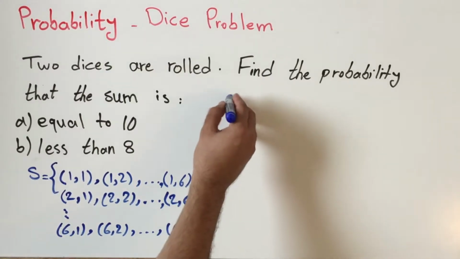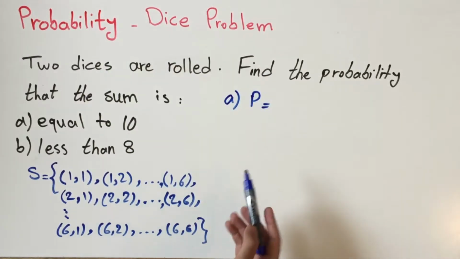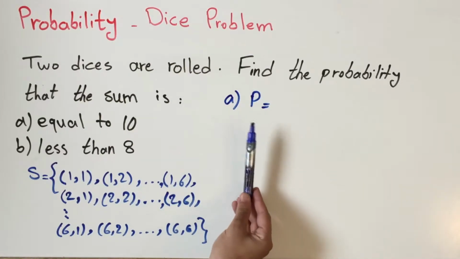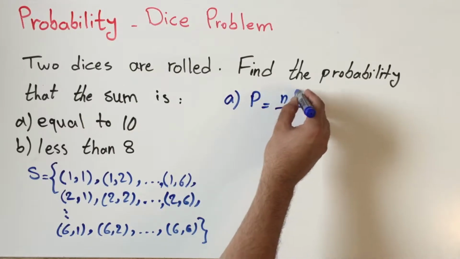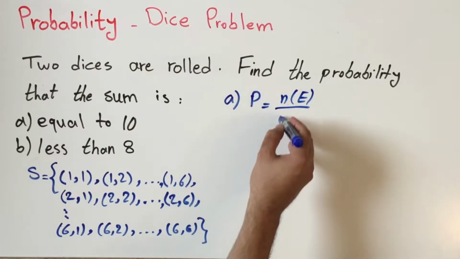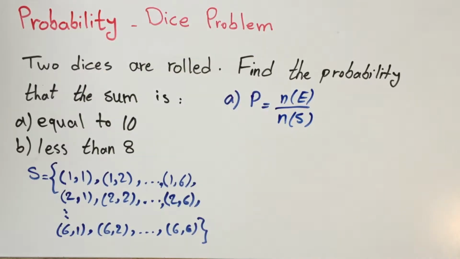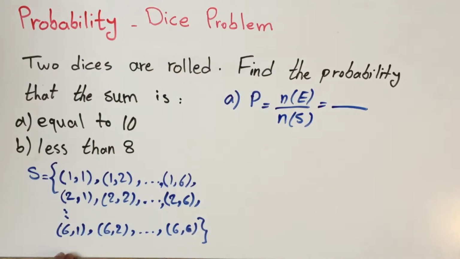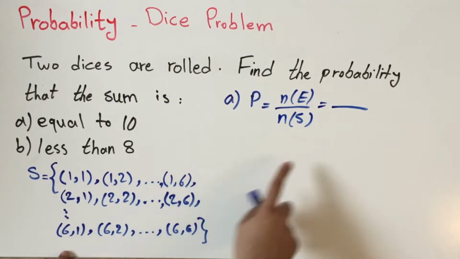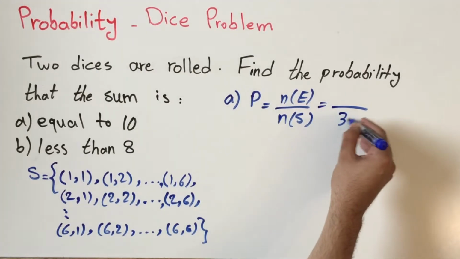For part A, you know that the basic and main formula for any probability is the number of event set over the number of sample space set. So in this question, the number of these items is going to be in the denominator, which is, as I said, 36.